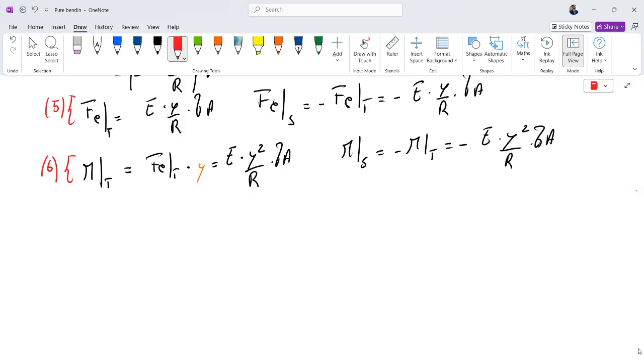Now clearly Ms and Fc on S side are the force and moment that respond to Fs on T side and M on T side to equilibrium.